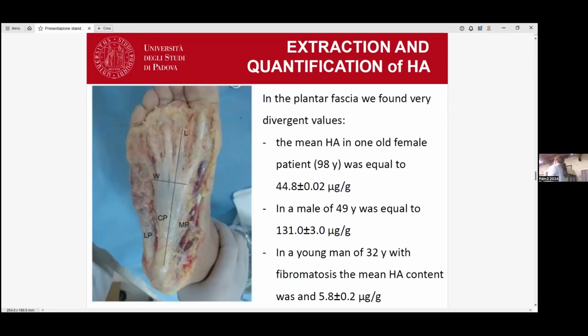It is the biggest amount that we found. And in a patient with fibromatosis, much, much less. So it means that pathology, for example fibromatosis, can affect the hyaluronan and the ability of the fascia to glide. But honestly, I don't know why we have such a high level of hyaluronan in such patients.